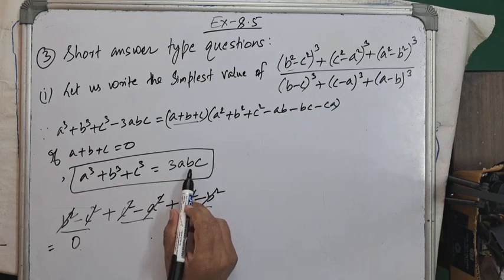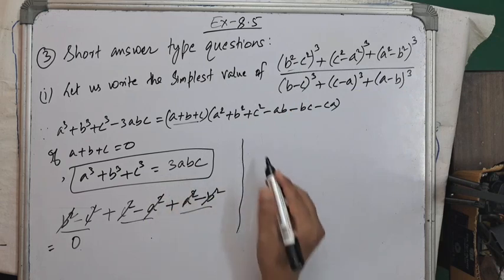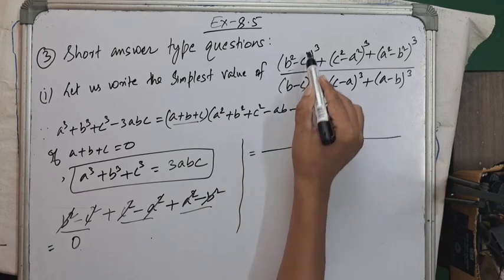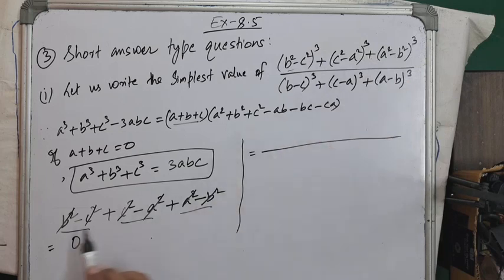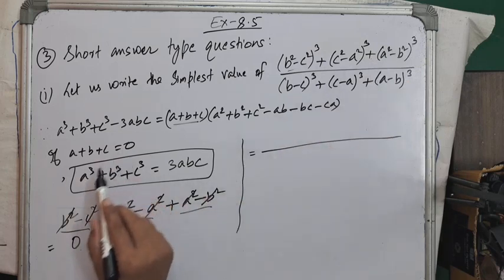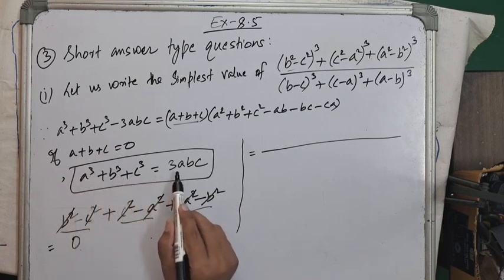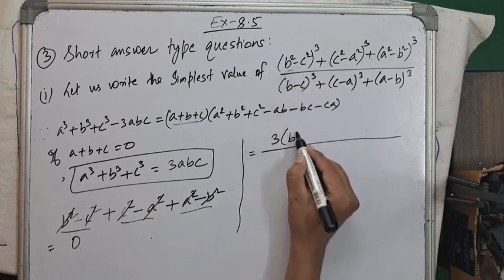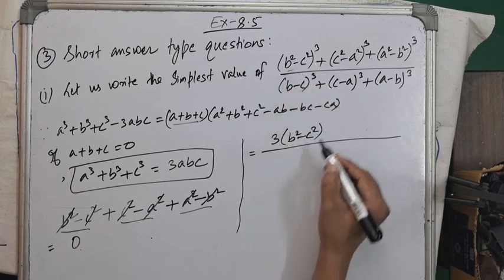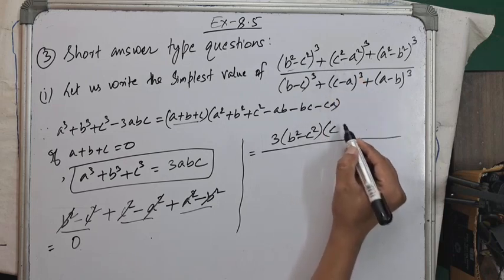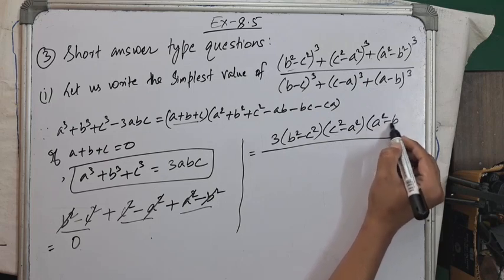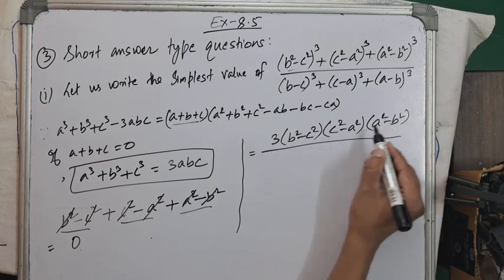So I'm writing the numerator part. We have a³ + b³ + c³. We got a + b + c as 0, which means if a + b + c is 0, then a³ + b³ + c³ must be equal to 3abc, which means 3 into a, which is b² − c², into b, which is c² − a², into c, which is a² − b².